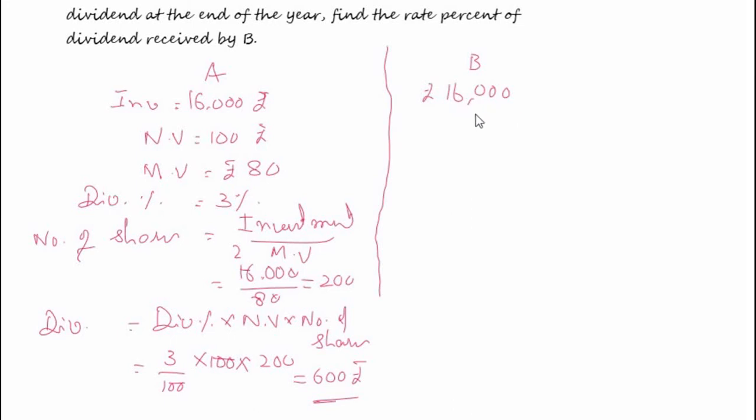Now let us come to the case of B. B also invests rupees 16,000 in a share of nominal value 10 and it is at par. So market value is also 10.